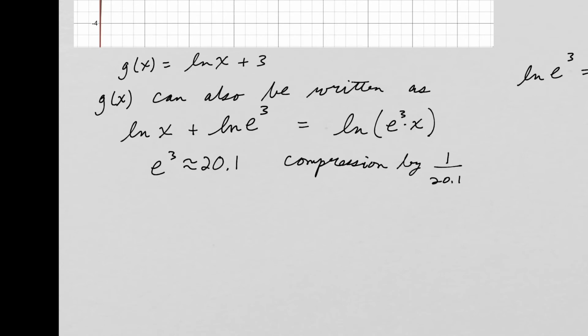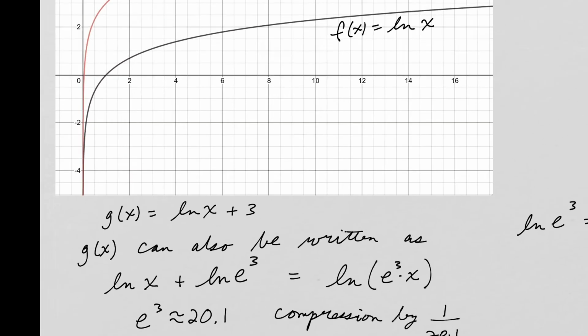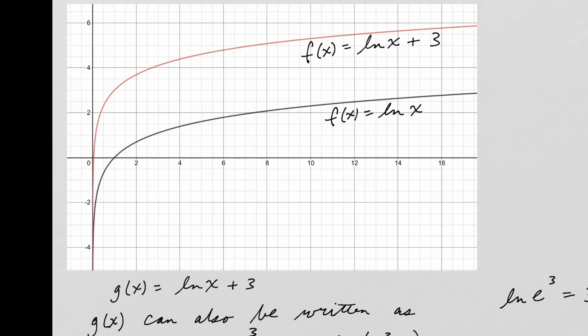So what I'm saying is, if you look at this picture, you can either think of it as a shift up by 3, so you start with the original natural log of x, this one right here, and then if I add 3, it's a shift up by 3.